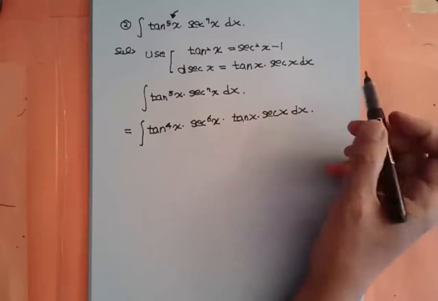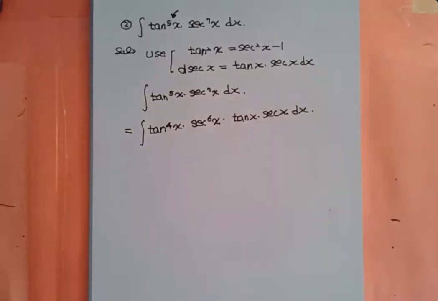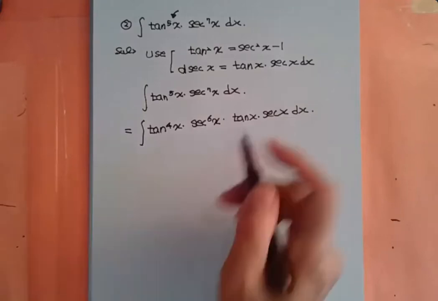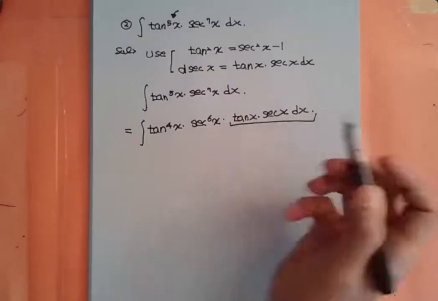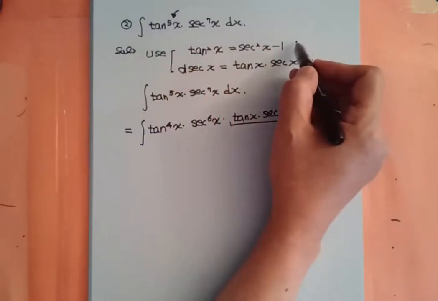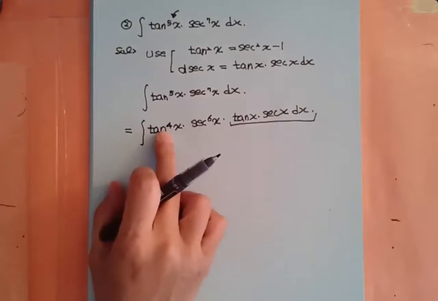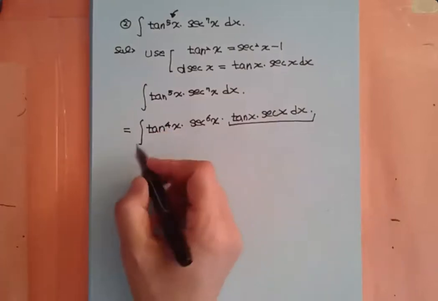The reason we do that is we want to do u substitution with secant. The derivative of secant is tangent times secant, and to use this formula, the power must be even power, even degree power, right?